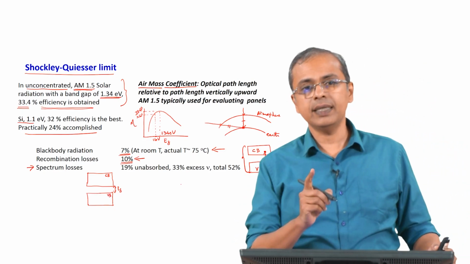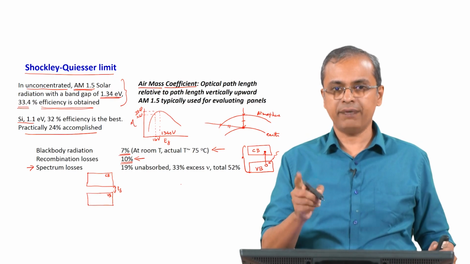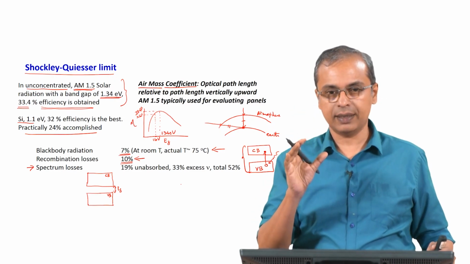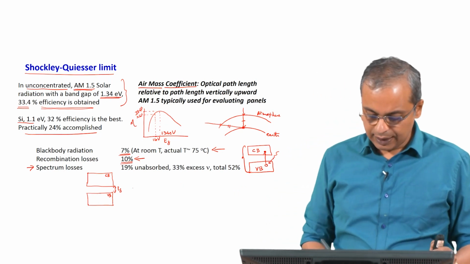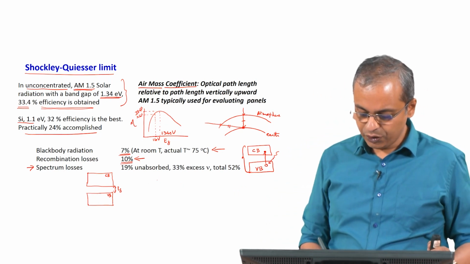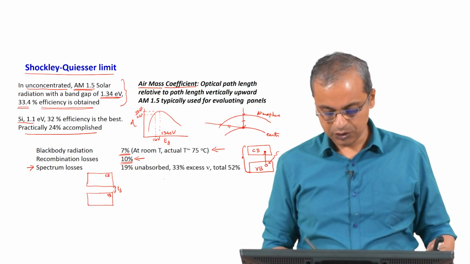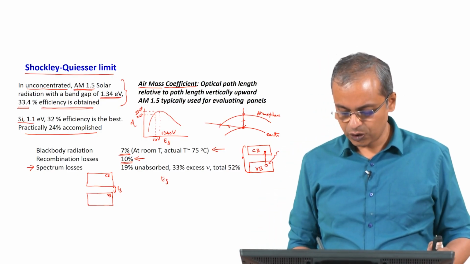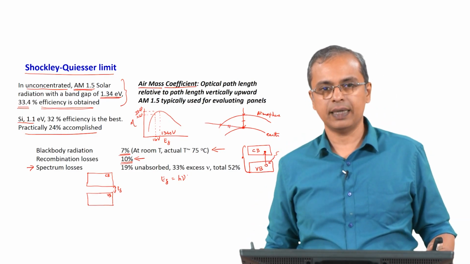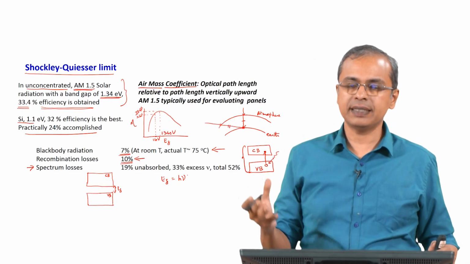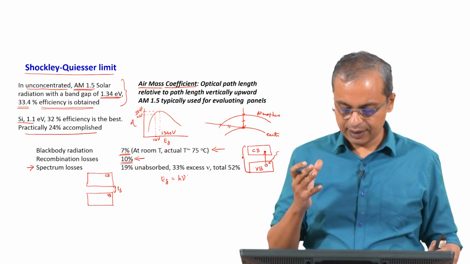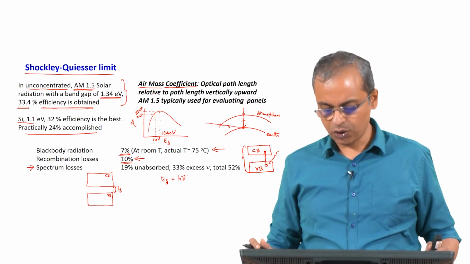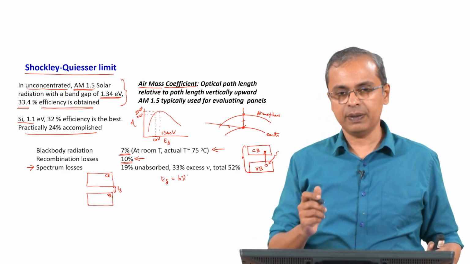Now, a single junction PN junction device has a single band gap, which is this Eg that we have. So, clearly this Eg you can link up with a particular frequency. So, we have Eg equals h nu. This is an equation of the possible energy that an incoming photon has and the frequency corresponding to that photon and how that matches up with the band gap.